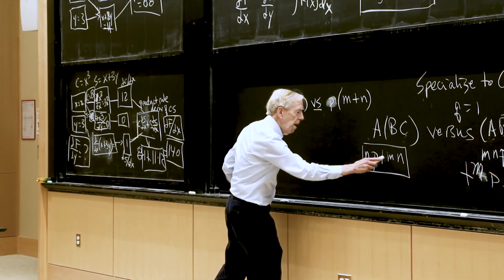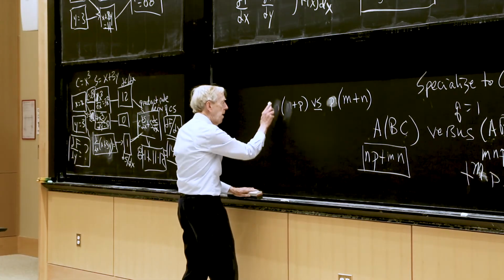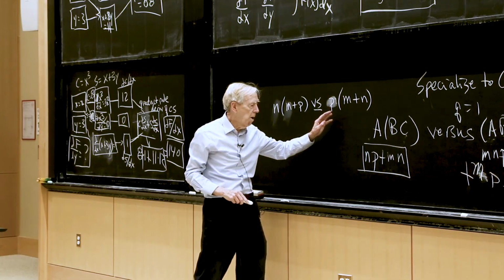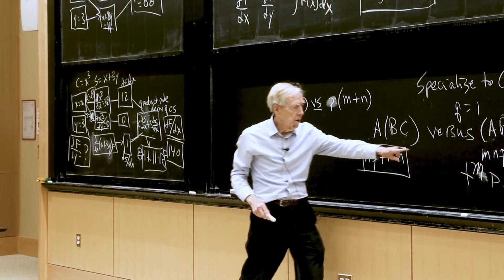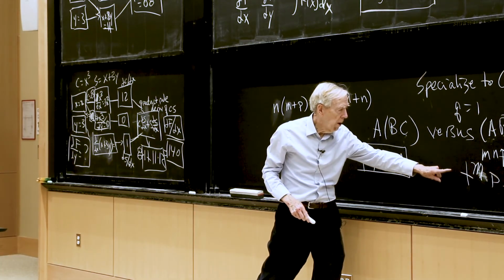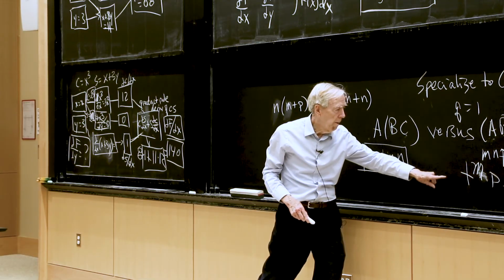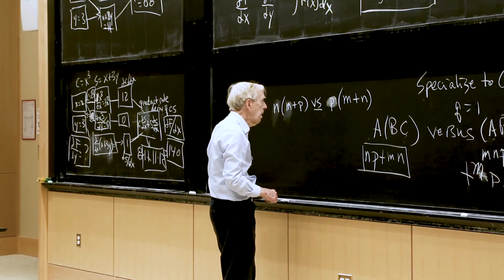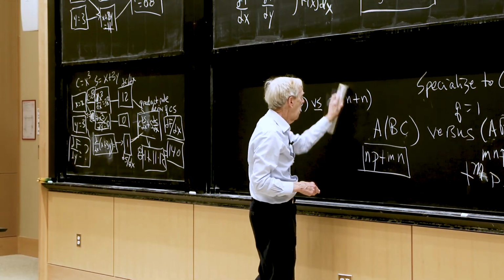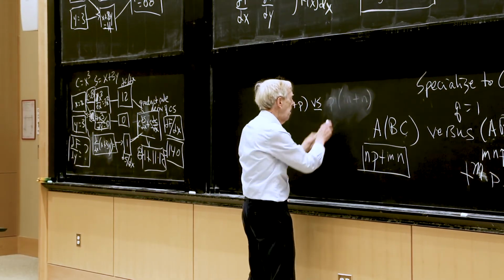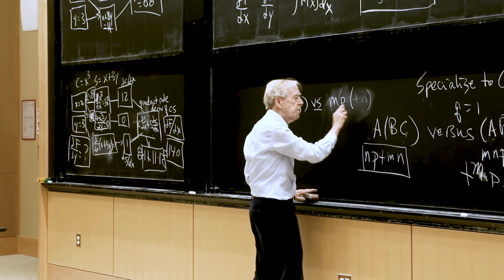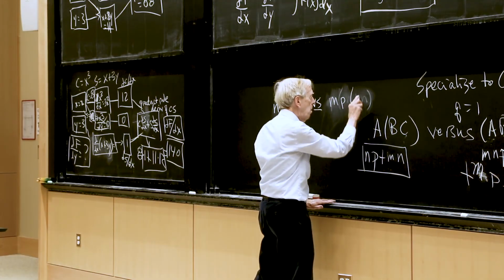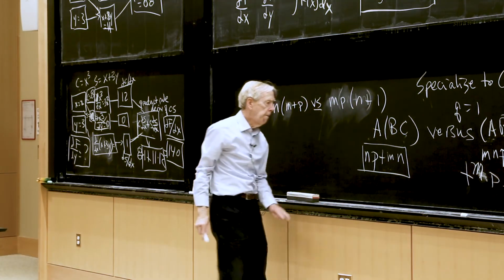Oh no, N factors out, times M plus P. And this way, both the M and the P factor out, times N plus Q. N plus Q was 1. Okay.